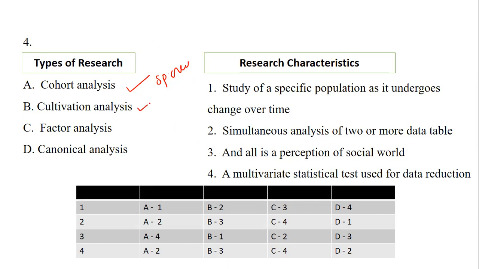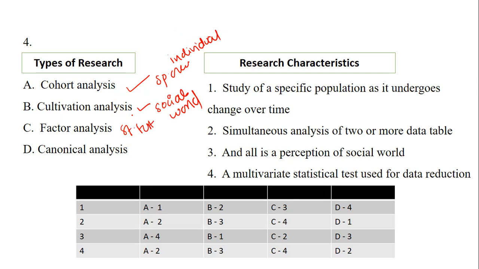When it comes to cultivation analysis, it is the perceptions of the social world. So basically, it gives you an analysis about the social world. This is about a specific individual out of the population, you can say. Then when we talk about factor analysis, it is a statistical test which helps for data reduction.